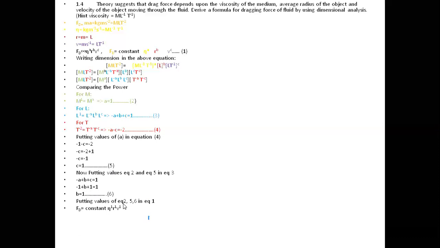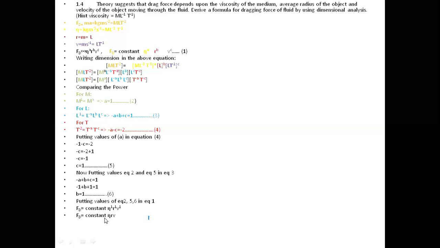Putting values of equation 2, 5 and 6 in equation 1. We have equation 6, which is b equal to 1. We have equation 5, which is c equal to 1. And we have equation 2, which is a equal to 1. Putting values in this equation, which is F_t equal to constant eta raised to the power a, r raised to the power b, and velocity raised to the power c, we will get F_t equal to constant eta to the power 1, r to the power 1, and v to the power 1.